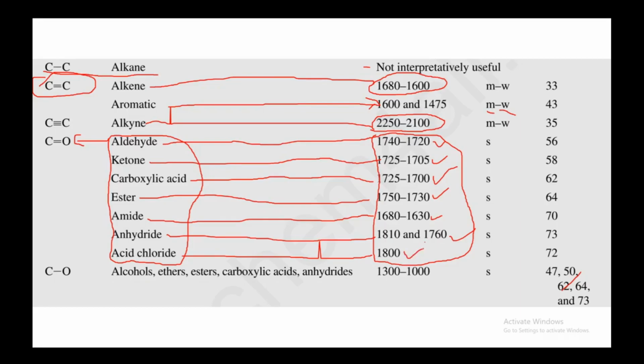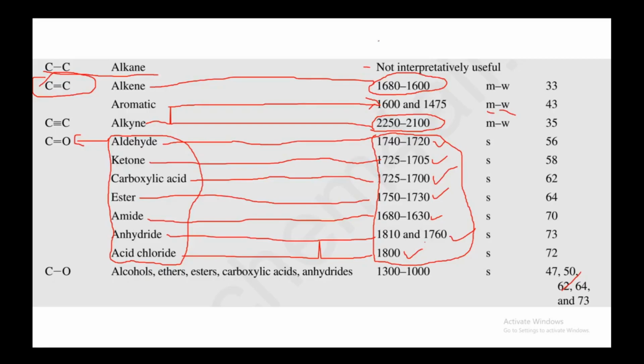One thing that can be deduced from this information is that the carbonyl group present in acid chlorides appears at the highest frequency or wave number, and the carbonyl group present in amides appears at the lowest wave number.